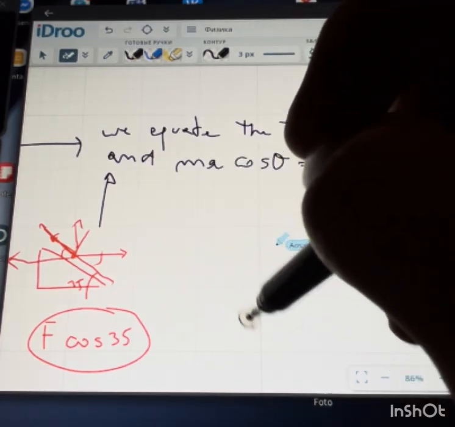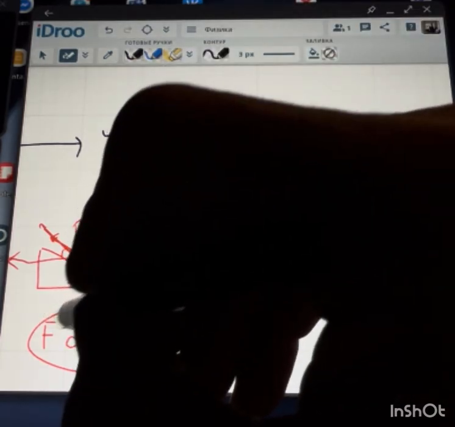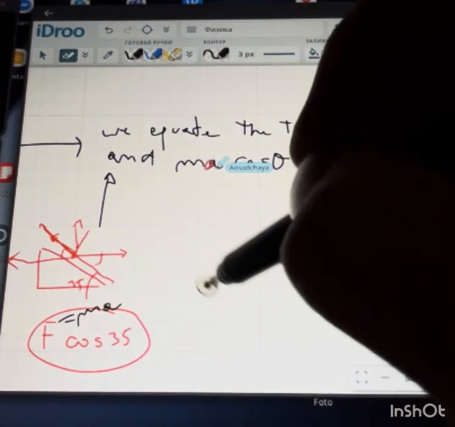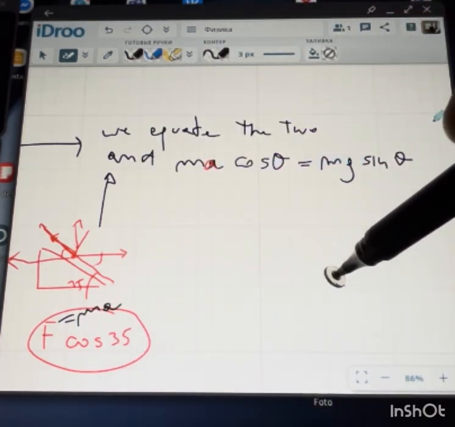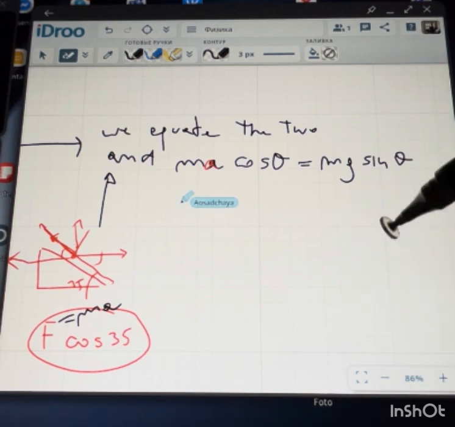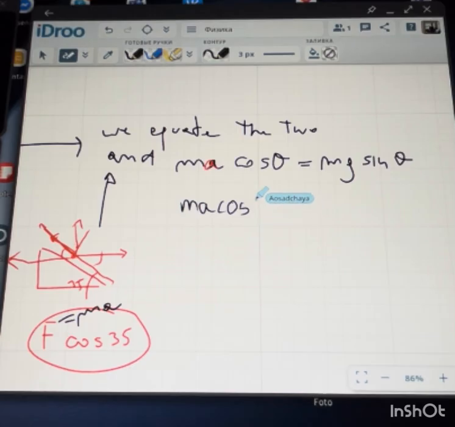So MA, this one is MA, this is an A, right? Yes. Mass times acceleration cosine theta is equal to mass times gravity sine theta.